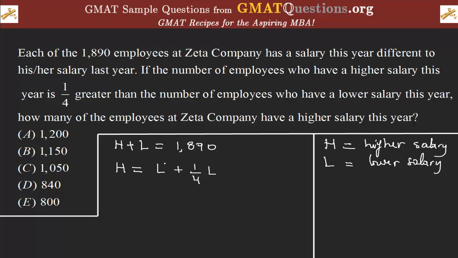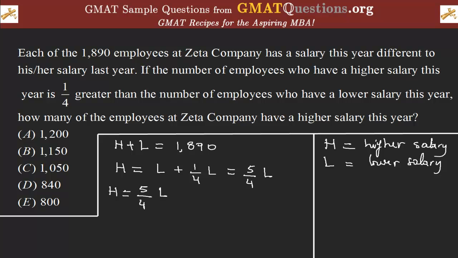Mathematically, that's what it means. Lower plus 1/4 of lower. Now, this is the same as 5/4 of lower. In general, I bypass this second step. When I'm given this type of question, right away I say that if something is 1/4 greater, it just means that it's 5/4 of the entity.